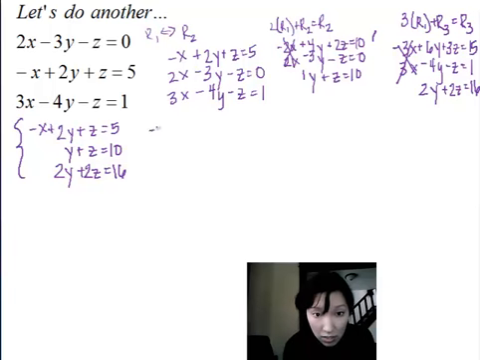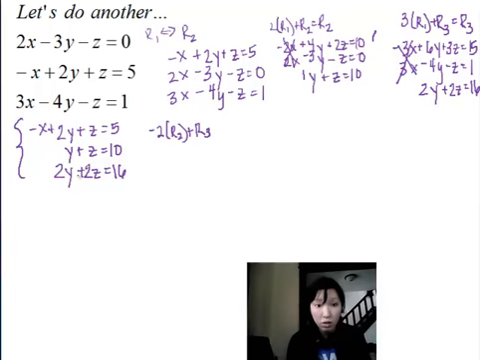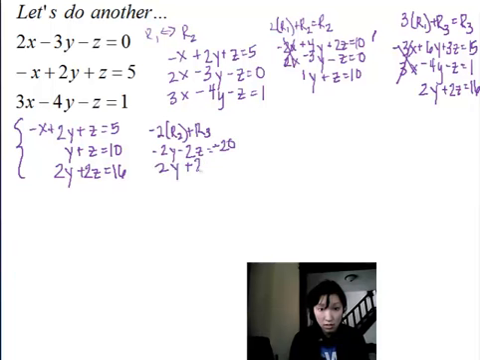We're going to take negative 2 times row 2 and add it to row 3, because I have that goal of knocking off this 2y here. So we have negative 2y minus 2z equals, oh, nope, negative 20. And then when I add to this, you can see something goofy is about to happen.